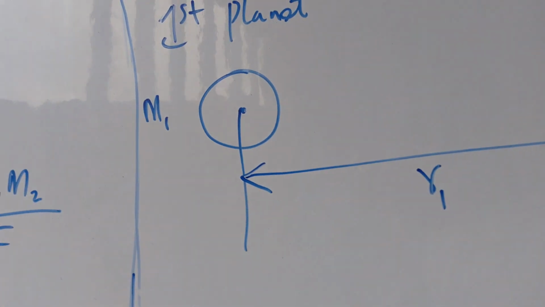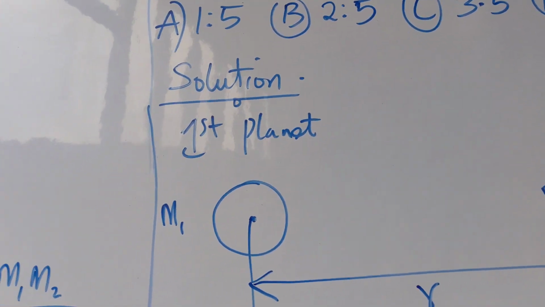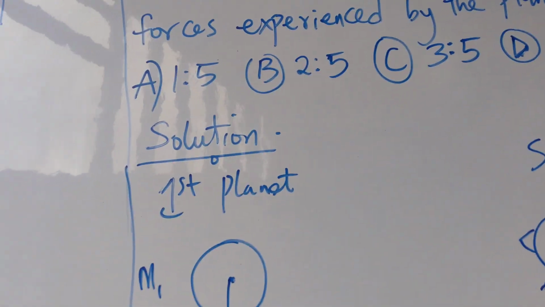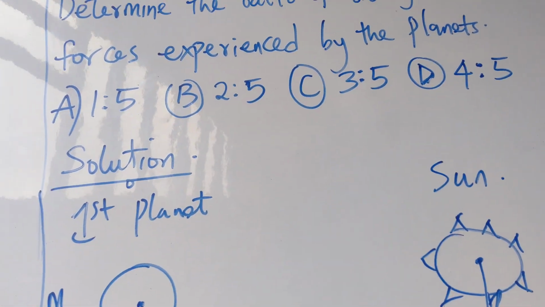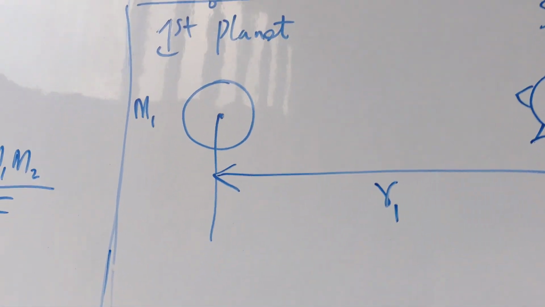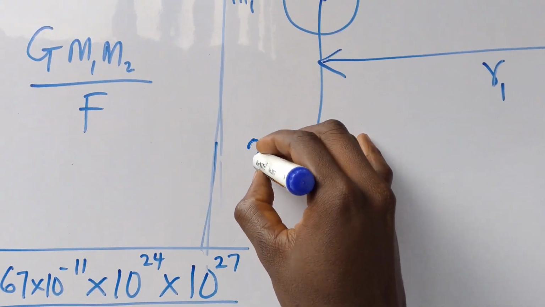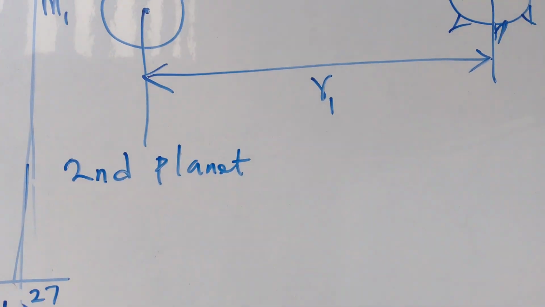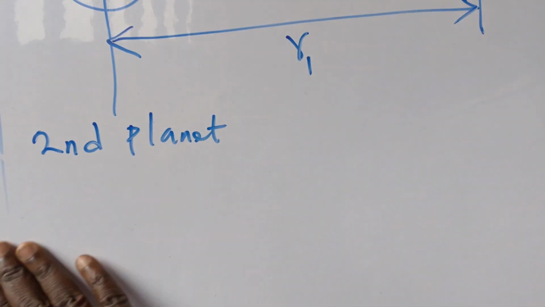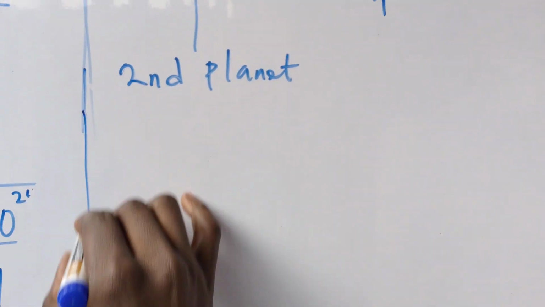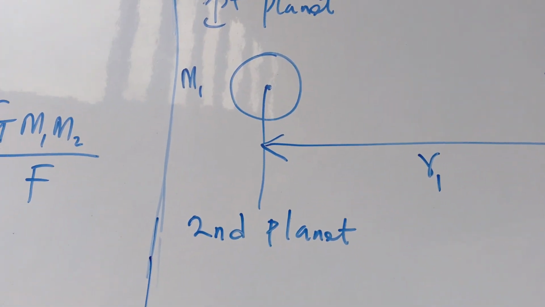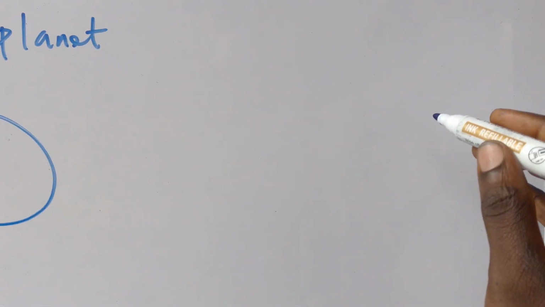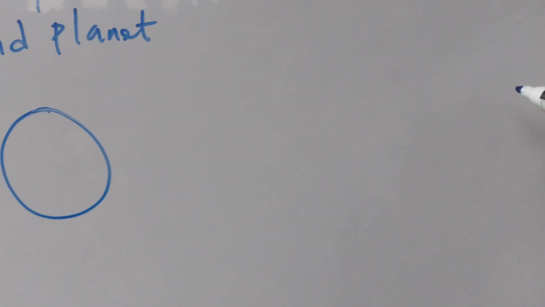Alright, and then we are told about the second planet. It says the second planet has mass m2 equals 10 m1. So for the second planet, this is the diagram of the second planet, and then this is the diagram of the sun.